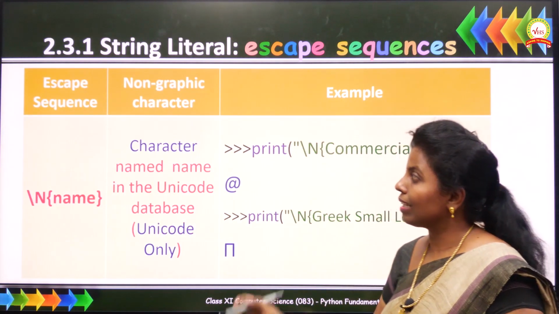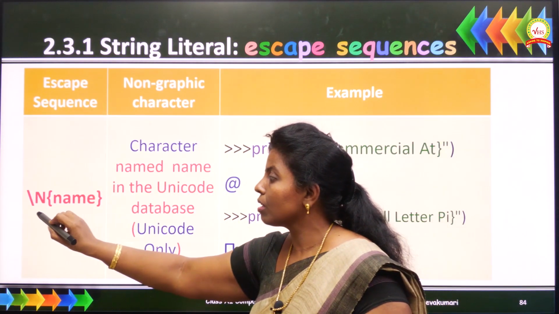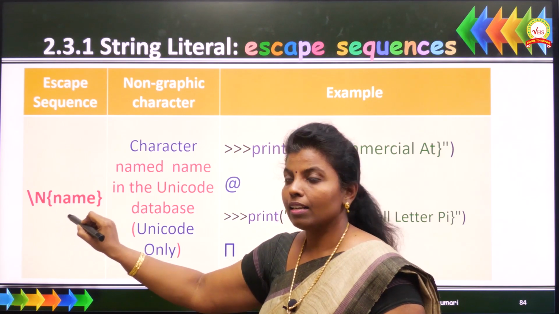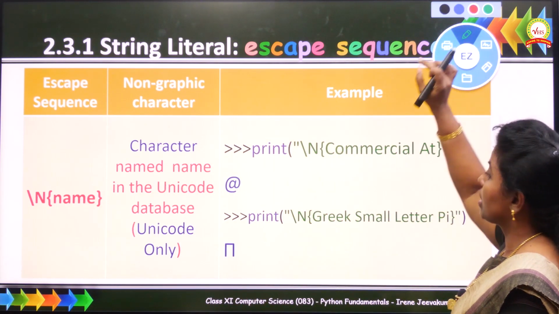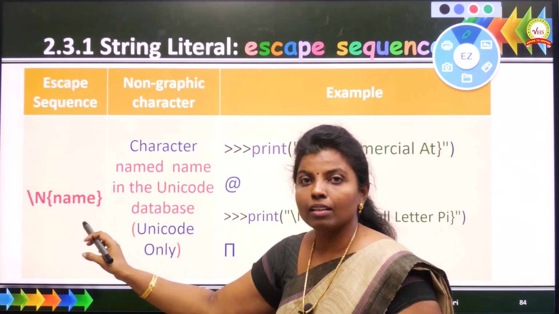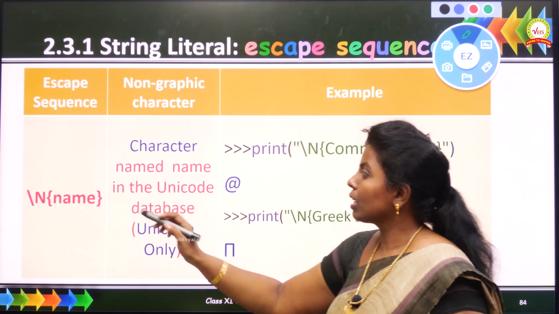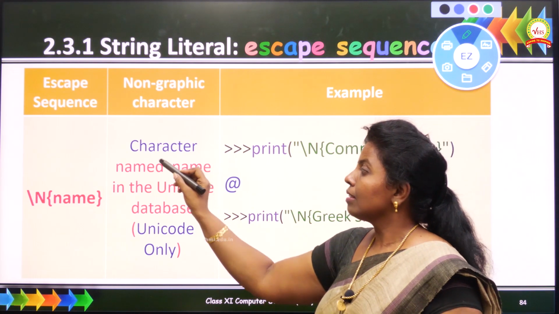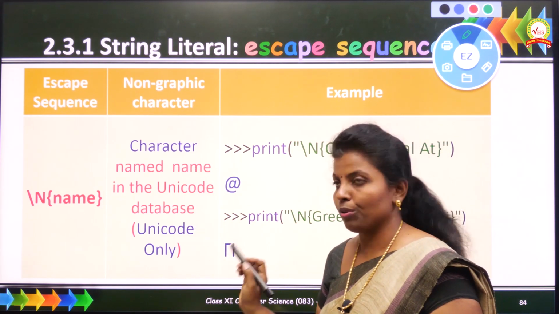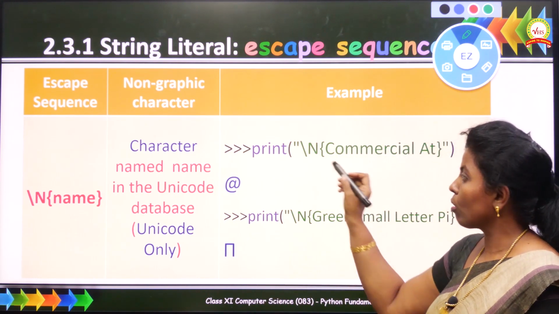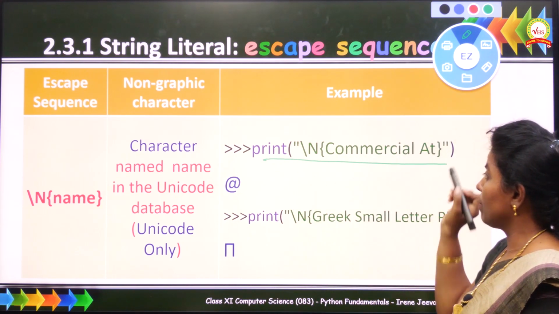Let us see what is the next escape sequence, which is \N and within curly braces name. So you have got this escape sequence which has more than one character, right? You can just see what is the purpose of this. This is the character named name in the Unicode database. We have to use Unicode only. Let us understand this concept using a Python statement over here.